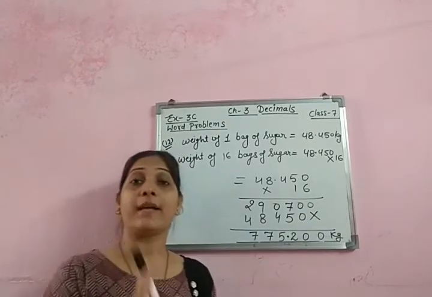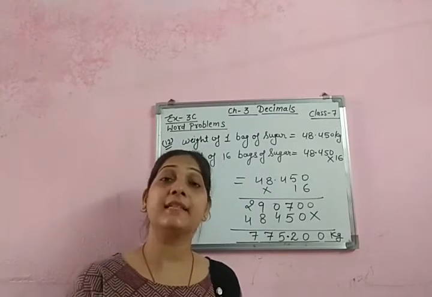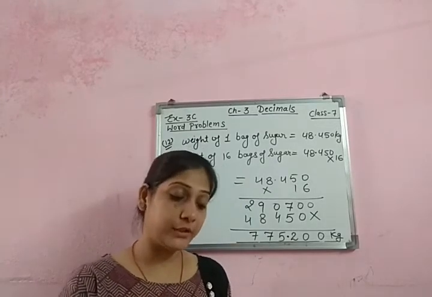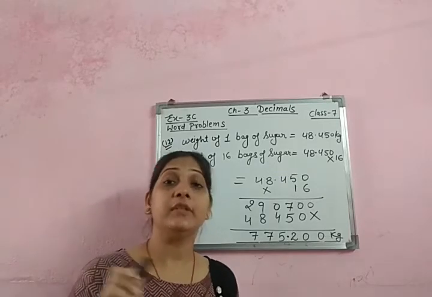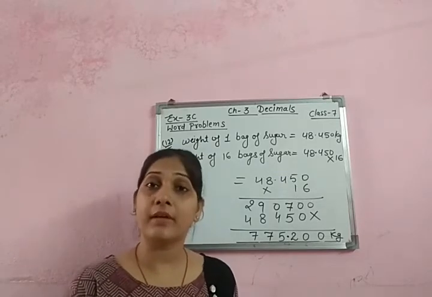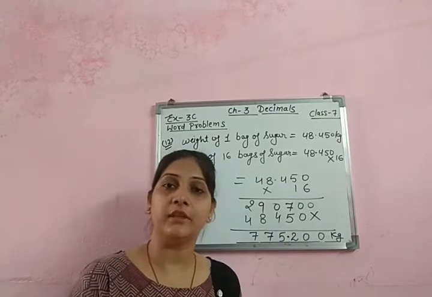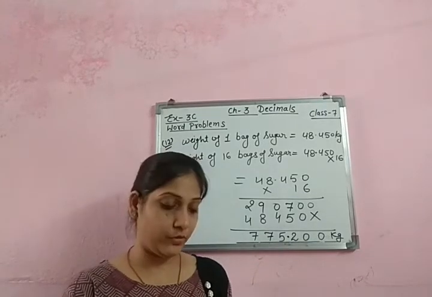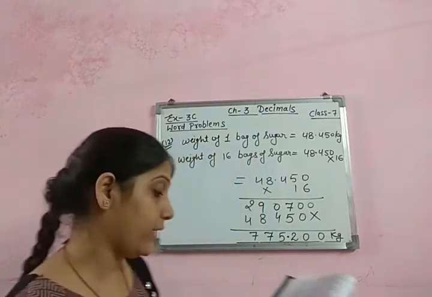So children, the quantity of jam in one bottle is given in gram, and the question is how many kilograms of jam. It means you need to give your answer in kilogram. So once you get your answer in gram, then convert it into kilogram. Okay, in 25 bottles.